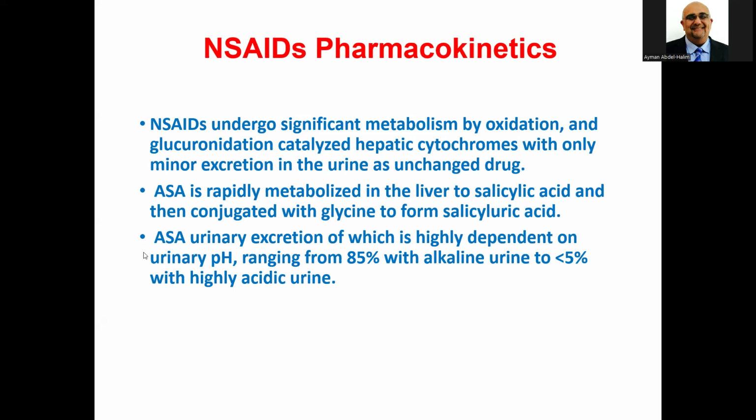Aspirin or acetylsalicylic acid urinary excretion is highly dependent on the urinary pH, ranging from 85% with alkaline urine to less than 5% with highly acidic urine. So basically, if you want to get rid of aspirin or acetylsalicylic acid from your body, you need to add an alkaline like sodium bicarbonate.